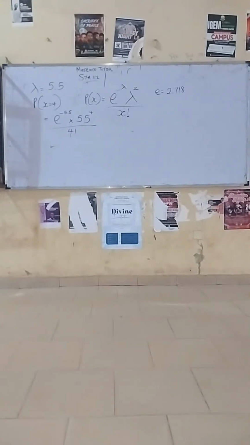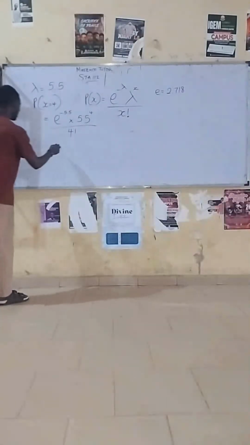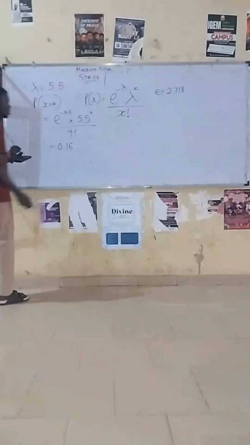Then multiply it by, I'm using the 2.718 now, you can use the exponential, times lambda raised to the power, that's 5.5 raised to 4, divided by 4 factorial, which is 24. My own answer is 0.16 approximately. What's your own?